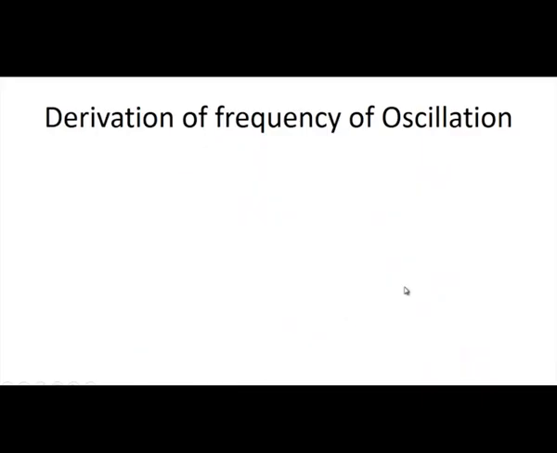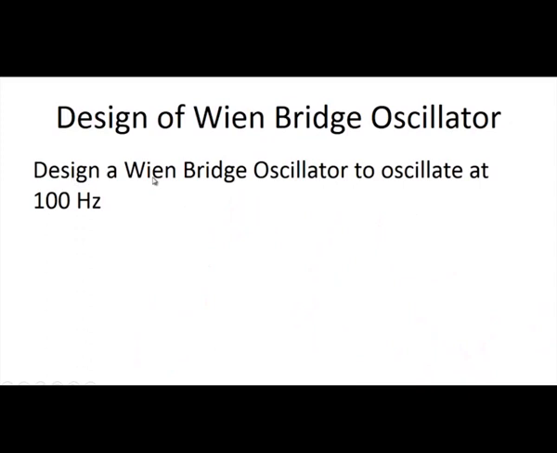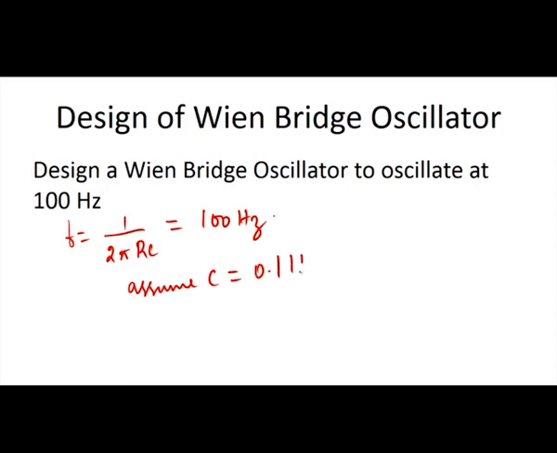So, if the design problem is to design a Wien-Bridge oscillator to oscillate at 100 hertz, then the frequency of oscillation f is given, and we know the formula of f is 1 by 2 pi RC, which is given as 100 hertz, and assume the value of capacitor C as 0.1 microfarad.